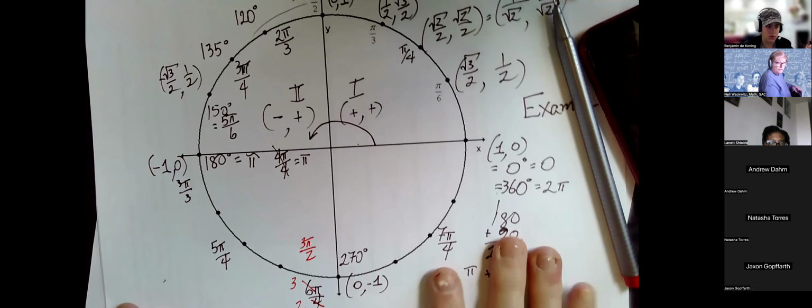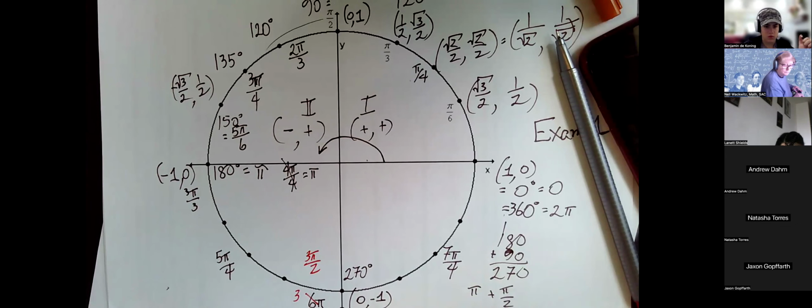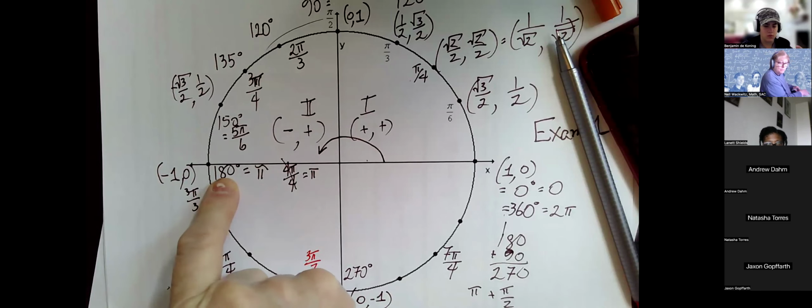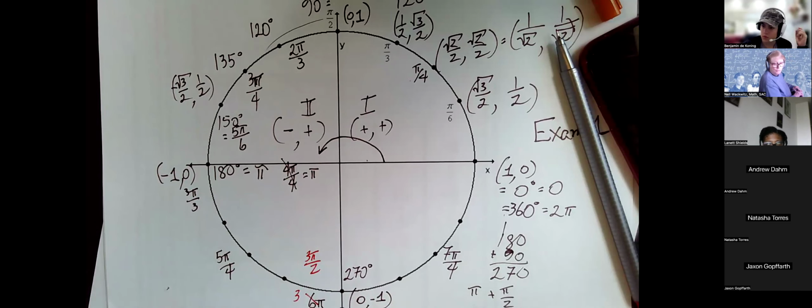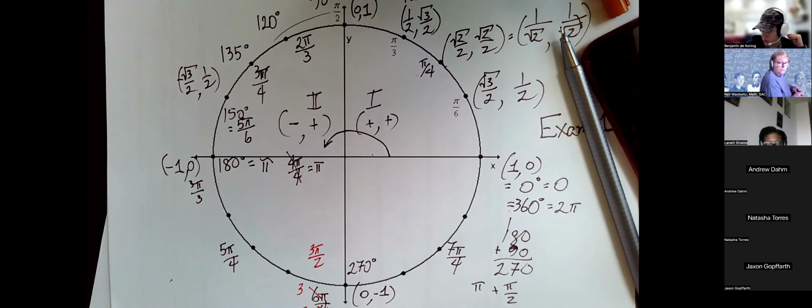So where is 4 pi over 3? Andrew, where is 4 pi over 3? If 3 pi over 3 is at 180 or pi, where is 4 pi over 3?